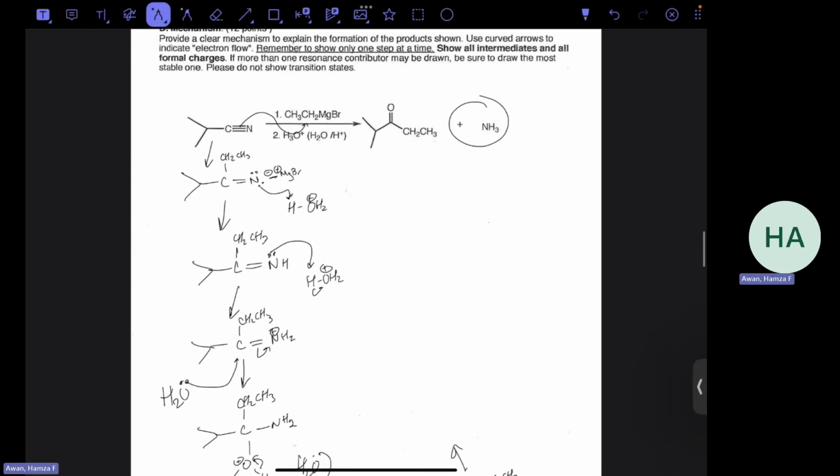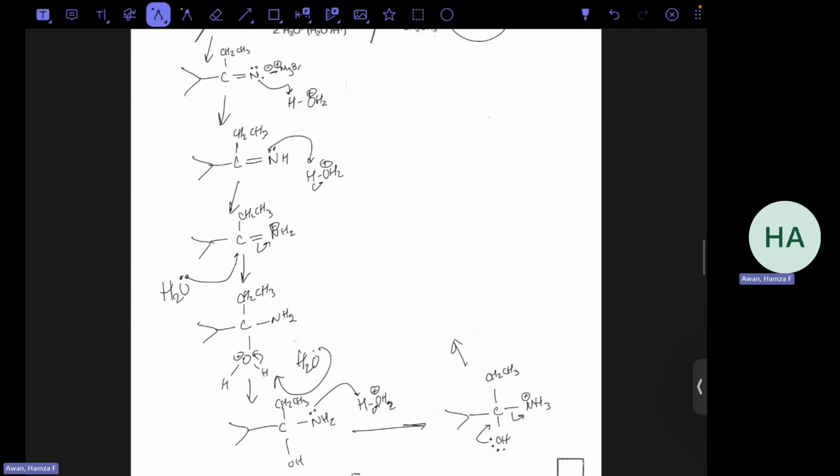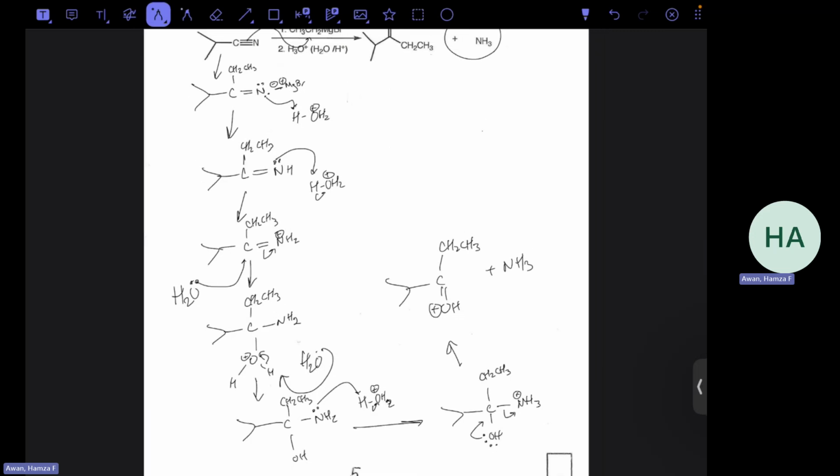And if you notice in the problem, we have to have our NH3 leave. So because of this resonance, we have our C double bond OH with a plus charge, and then our plus NH3, and then we have our CH2CH3, right?